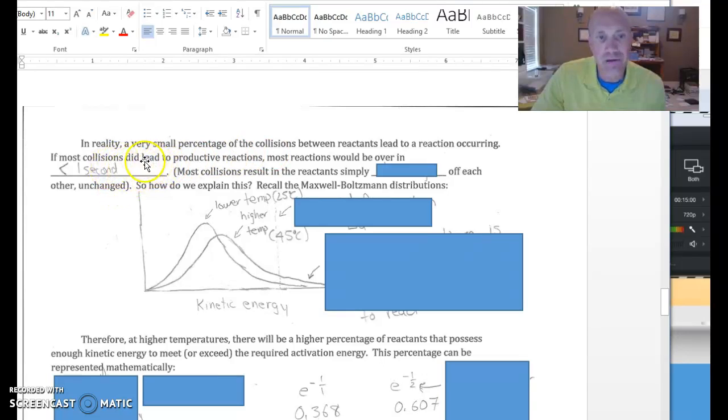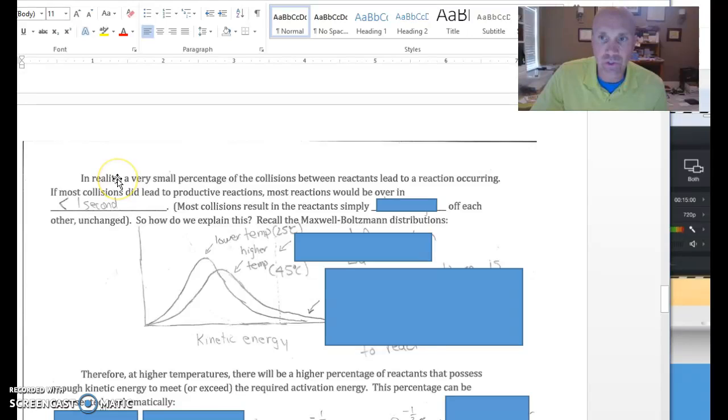One way that we know that is if a significant percentage of them did, these reactions would be over in a lot shorter time than what they actually are. Sometimes chemical reactions can take hours, if not days, to complete.